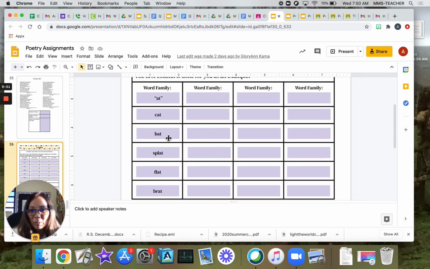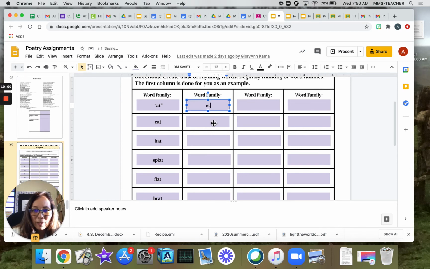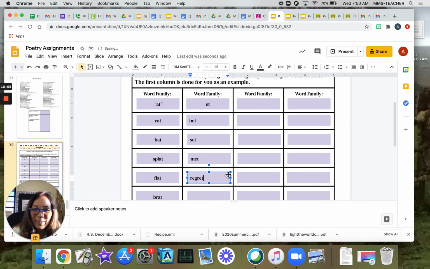So cat, bat, splat, flat, brat. Other word families could be "et": bet, set, met, regret. Okay, you get the idea?